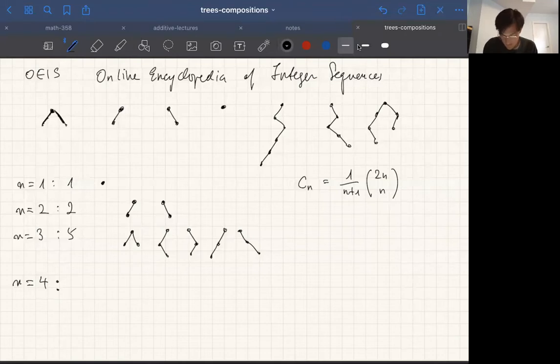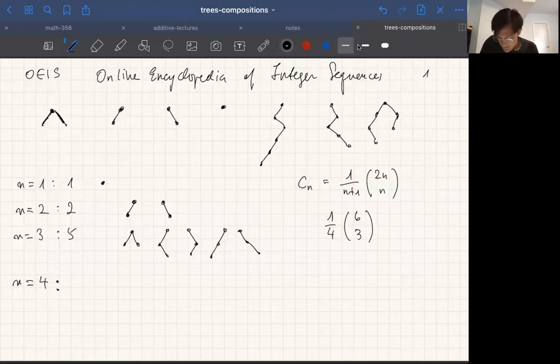Let's see if that actually works. Let's say n equals 3. So 1 over 4, times 6 choose 3. Is that actually right? What's 6 choose 3?